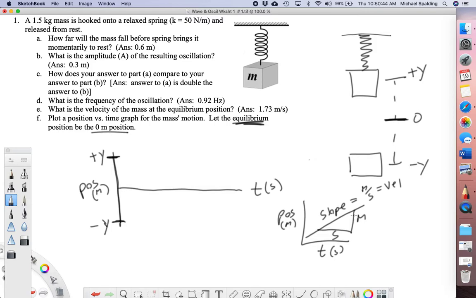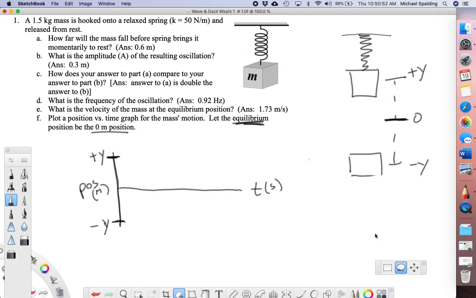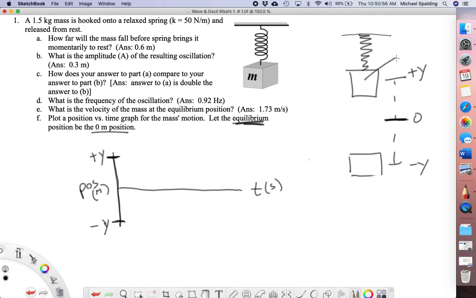Well, when the mass is released, what is the starting velocity of the mass? When the mass is very first released, the velocity is 0. So the slope of our position time graph should start out 0, right here when it starts, 0 slope.